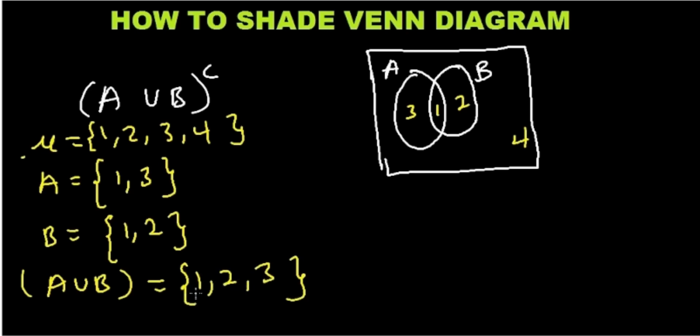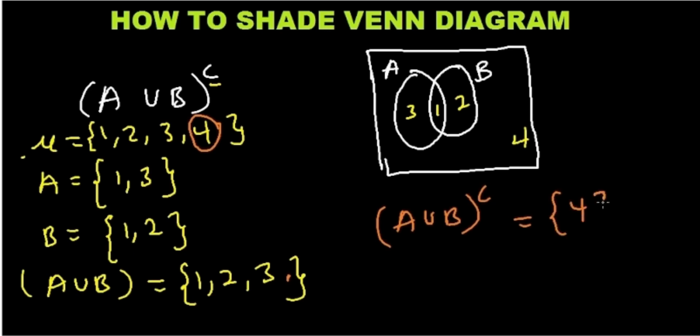Now we are to get the complement. Complement means, as I've explained in the concept of set theory, what element is still remaining in the universal set that is not in this particular set, and that is 4. We have 4 in this place, but we don't have 4 in this place. So our complement of A union B will be 4.